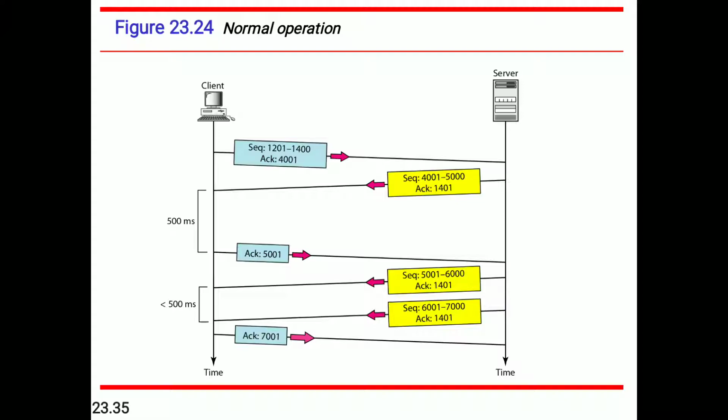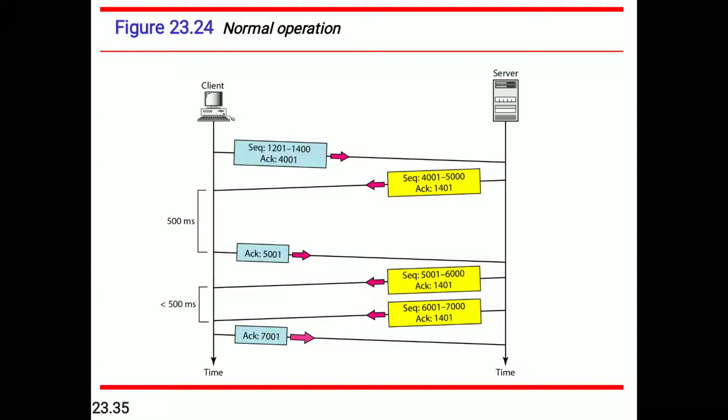Now the client is giving the acknowledgement 5001, which means that the client has received the sequence numbers up to 5000 and it is waiting for the sequence starting from 5001. The server is sending 5001 to 6000 with the same acknowledgement 1401.